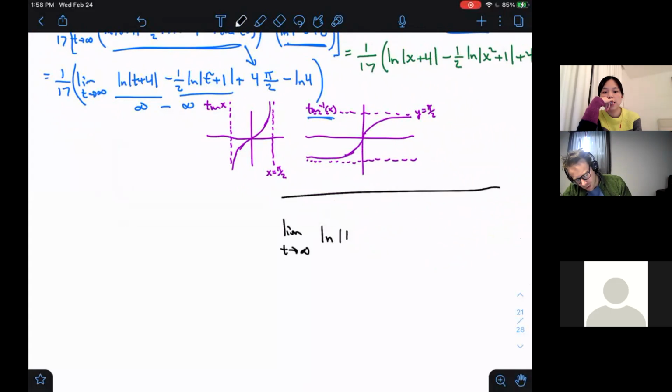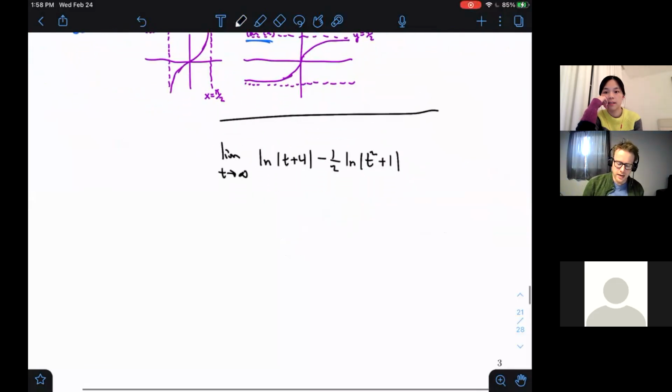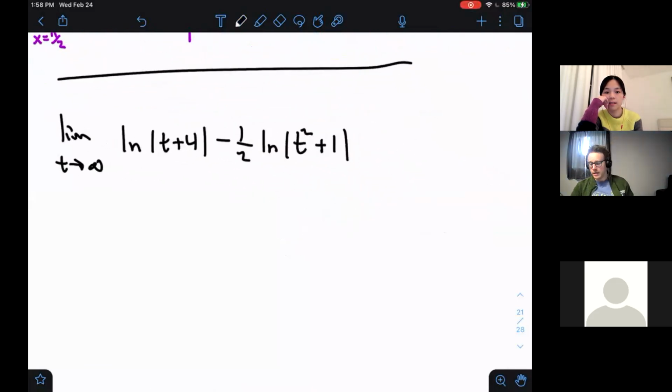You can see a good trend: anytime I come up against something hard or complicated, I like to make a little sub-problem and just stare at this issue straight on. And then once I have the result, I can plug it back into the overall story. So the question is, how do we evaluate this thing? And in particular, we'd like to use maybe L'Hopital's rule because it is one of these indeterminate forms.